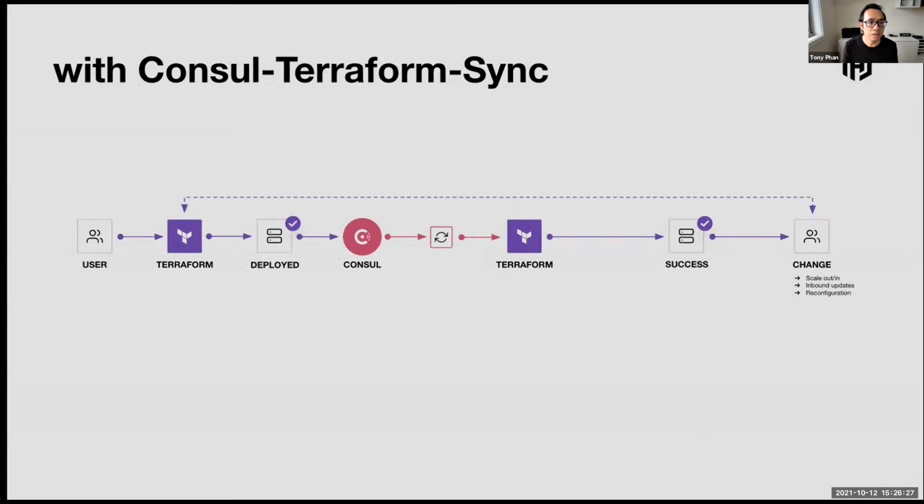So what we've just seen here is essentially workloads being initially deployed through Terraform, but then day 2 changes being picked up in the service registry. And it allows operators to define different automation tasks and subscribe to them so that those devices can be updated or configured through CTS.